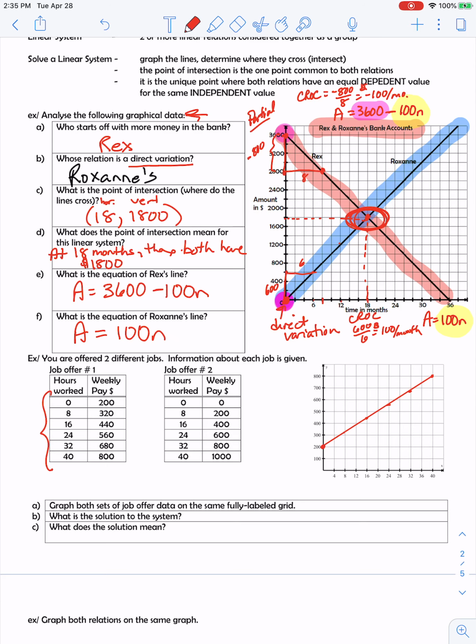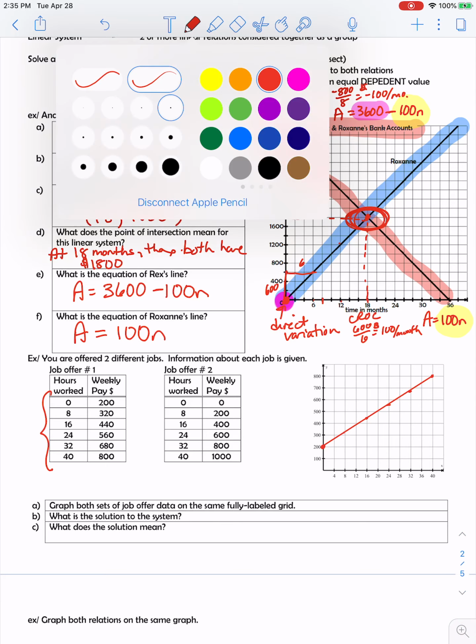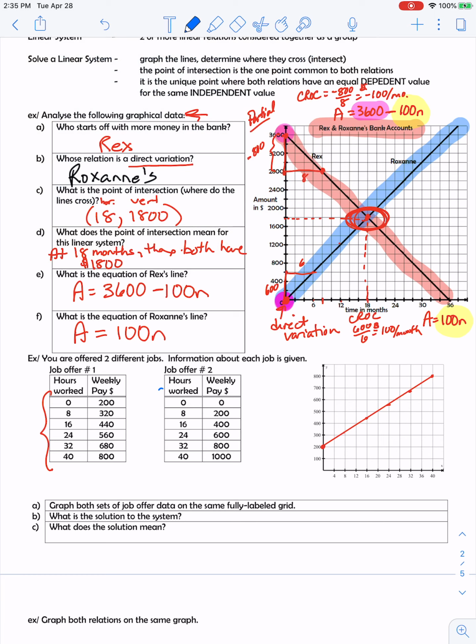Okay. And now we'll do the other one in a different color. Let's use blue. So 0 and 0. This one would be considered direct variation because it starts at 0. But the first one, job offer number 1, I'll write that down there, that's what we would call partial variation because it doesn't start at 0.